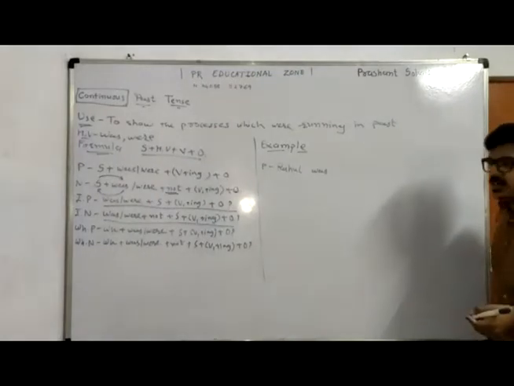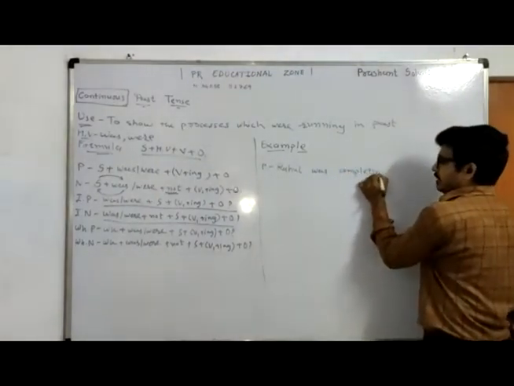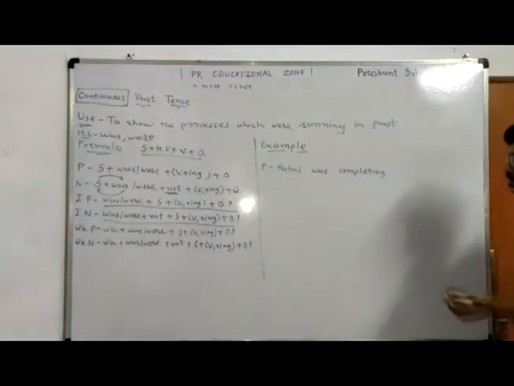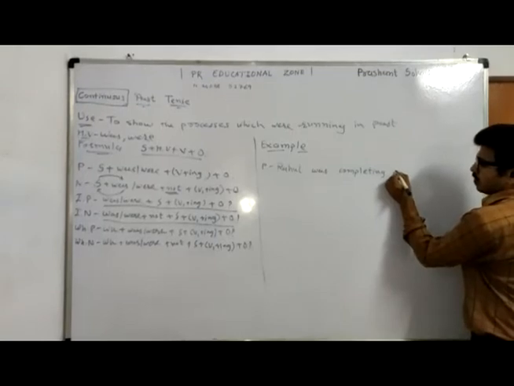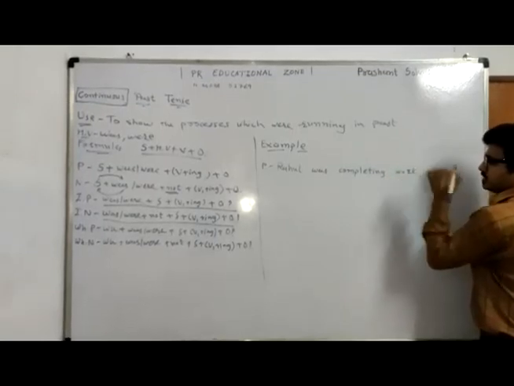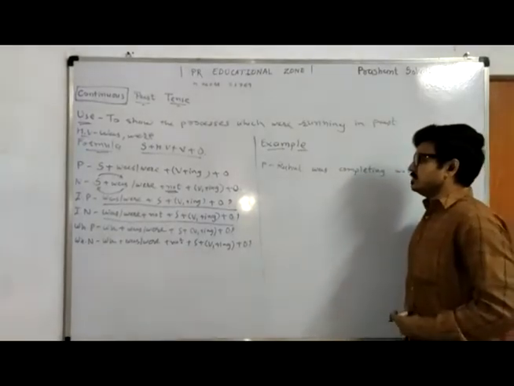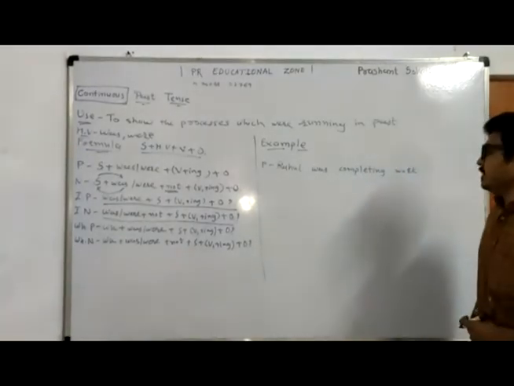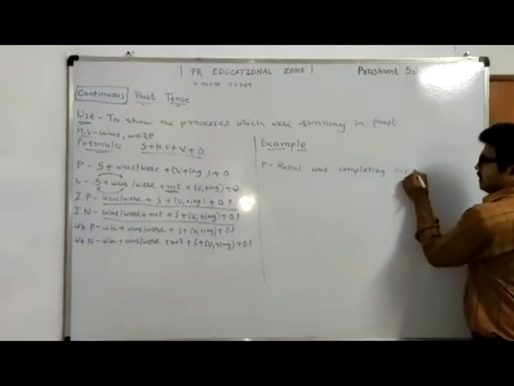So here we are taking the verb complete, and then ing, and then the object. Here we are taking his work as the object.